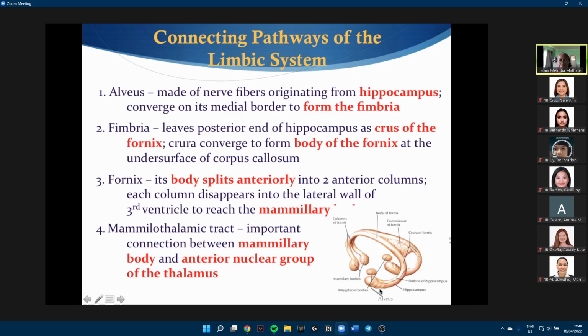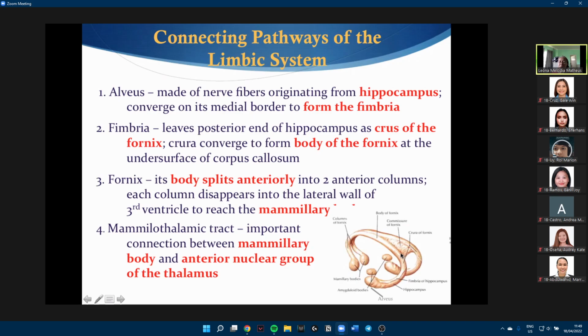Then it went medially to form the fimbria at the upper surface of your hippocampus. So here is the fimbria. Then the fimbria, as we said, goes more posteriorly to become continuous eventually with the crus of the fornix. So this is the crus of the fornix.